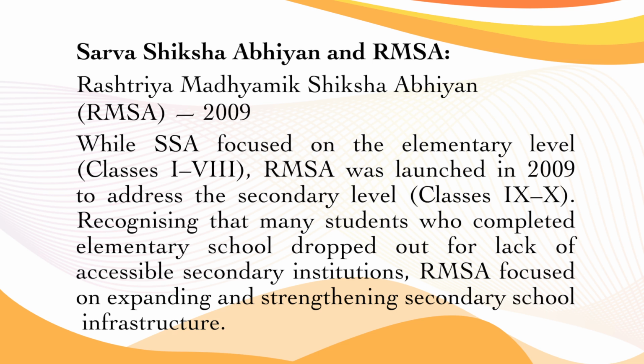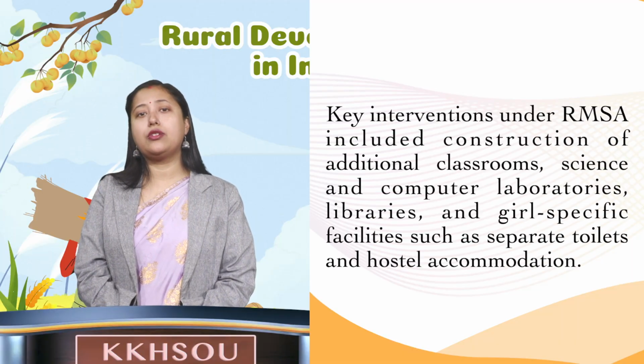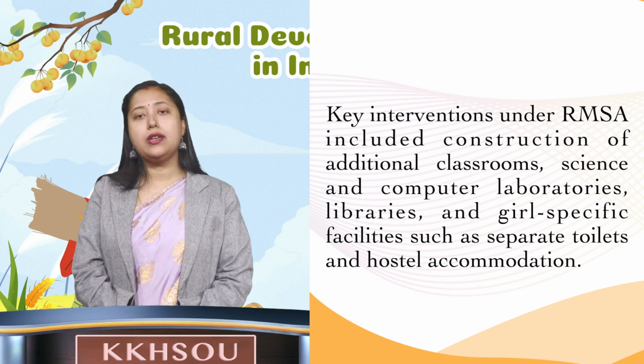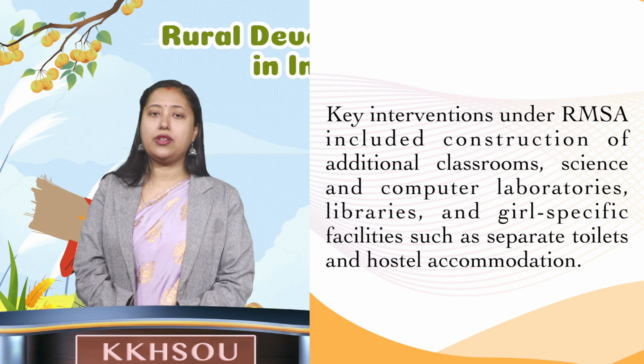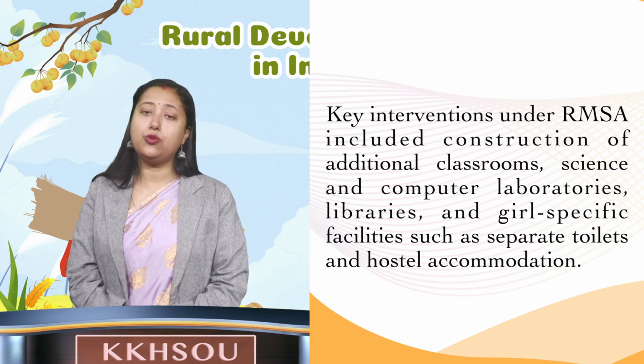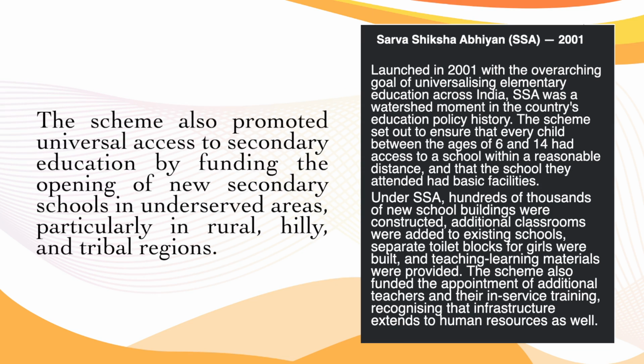RMSA focused on expanding and strengthening secondary school infrastructure. Key interventions under RMSA included construction of additional classrooms, science and computer laboratories, libraries, and girl-specific facilities such as separate toilets and hostel accommodation. The scheme also promoted universal access to secondary education by funding the opening of new secondary schools in unserved areas, particularly in rural, hilly, and tribal regions.